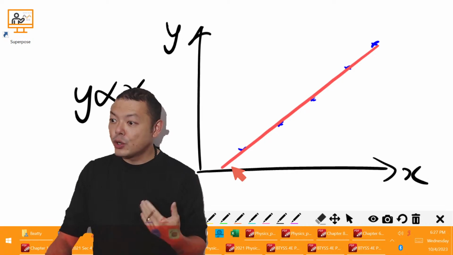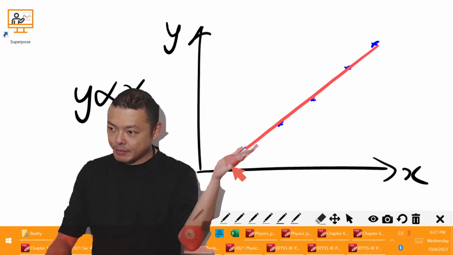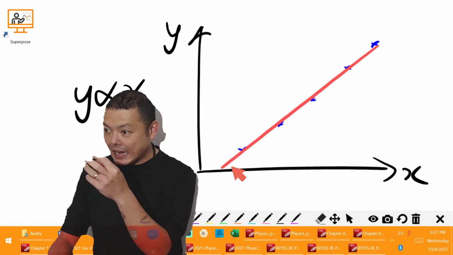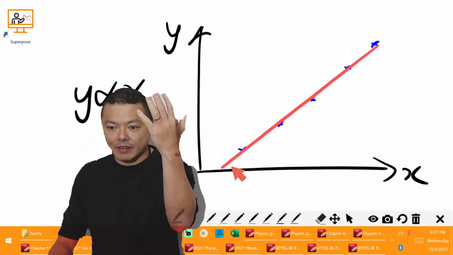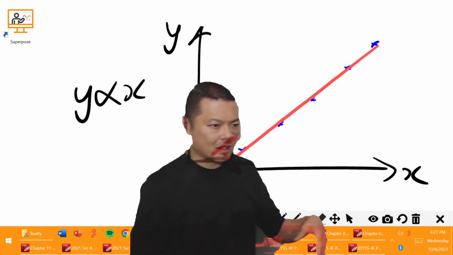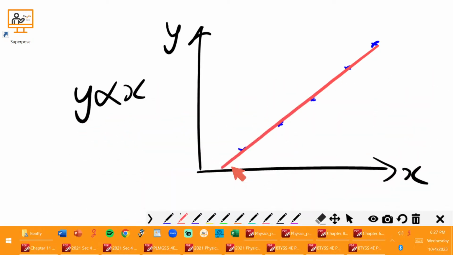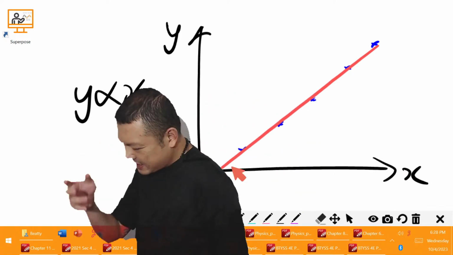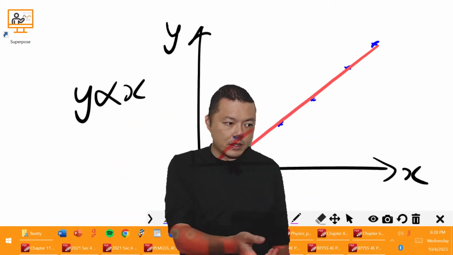So human reaction error falls under random error. Calibration and zero errors fall under systematic errors. Calibration errors and zero errors are systematic errors. Calibration error means your machine is not calibrated correctly. It gives a consistent wrong value.